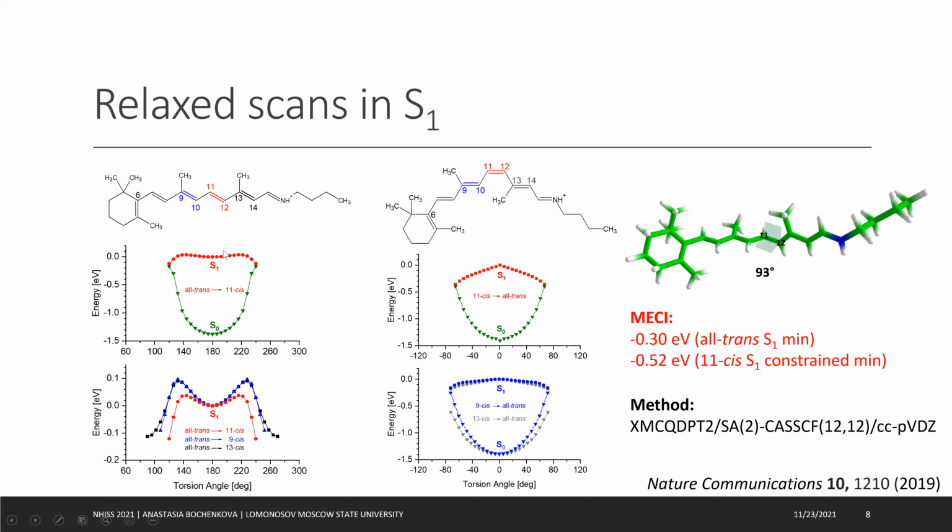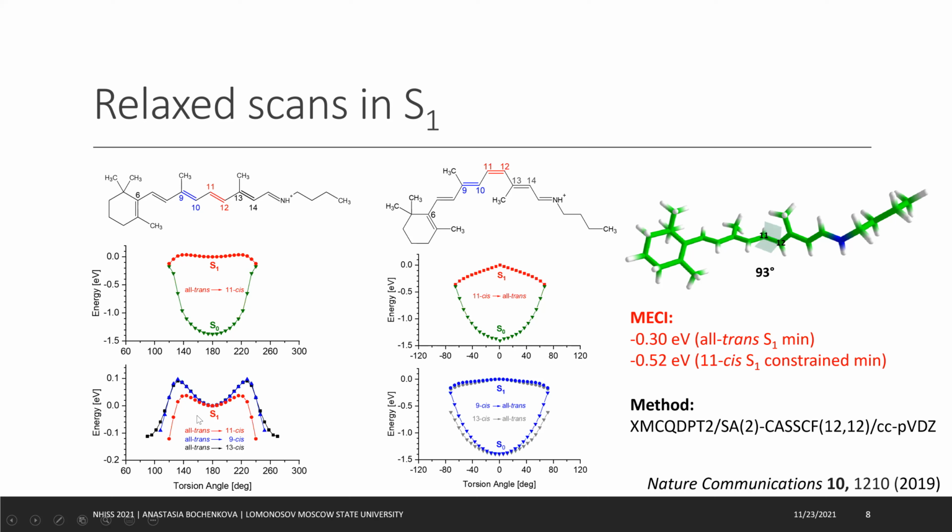The all-trans chromophore has barriers in the excited state, and these barriers hinder intramolecular rotation. Moreover, we can make the scans and analyze them for different double bonds here. What we can see is that the barrier is smallest for the rotation across the central double bond, which is basically 2 times smaller than for all other bonds.